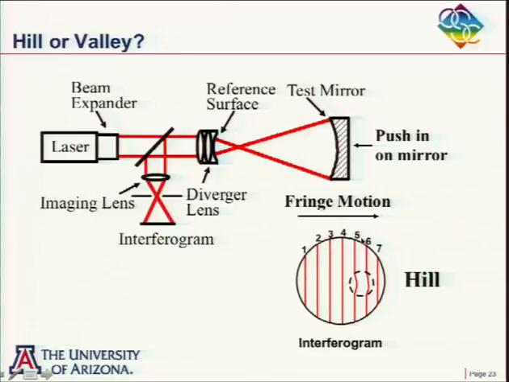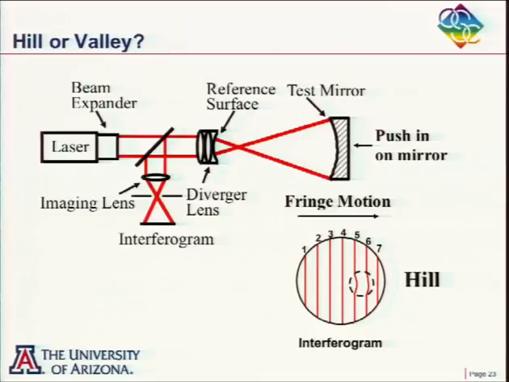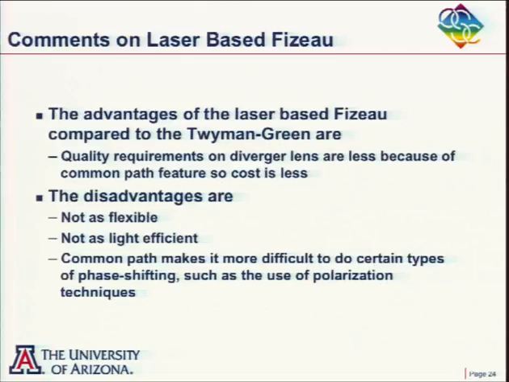If I tip and tilt this to change the sign of the tilt, two things are going to happen. This little bump here is going to move in the opposite direction, and when I push in on the mirror, the fringes are going to move in the opposite way. So everything just works out. Okay, so you're all experts on this.